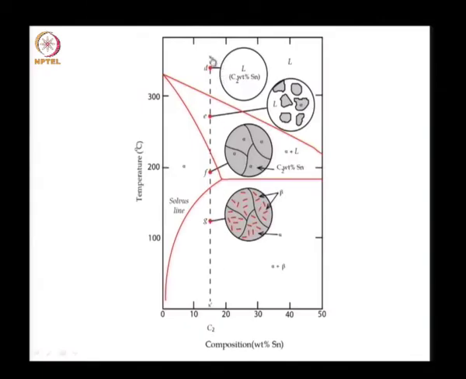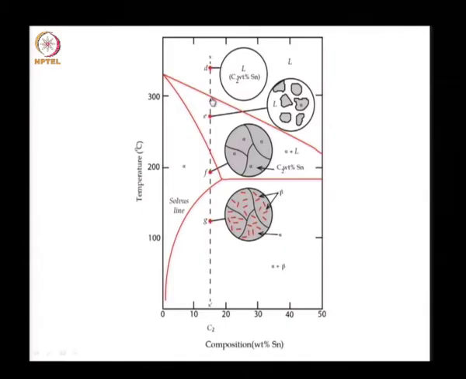So, we will see what happens when we go down this x bar vertical line, showing how the melt changes into a solid as the temperature is slowly dropped. So, we are first at this point D, which is a liquid solution of lead and tin. We have a certain percentage of tin in this alloy.